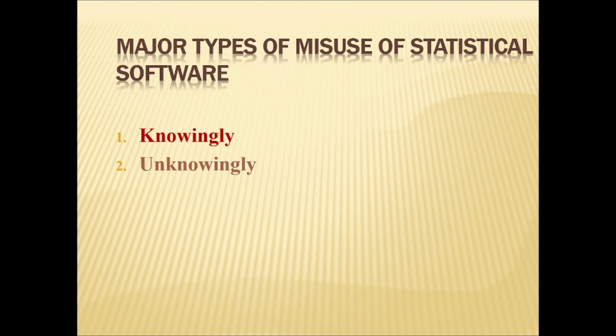Wrong or improper mathematical and statistical formulas may be embedded in the software. We have already discussed that we must check whether the statistical tool I am going to use has been computed in the same fashion or not. How to do it?